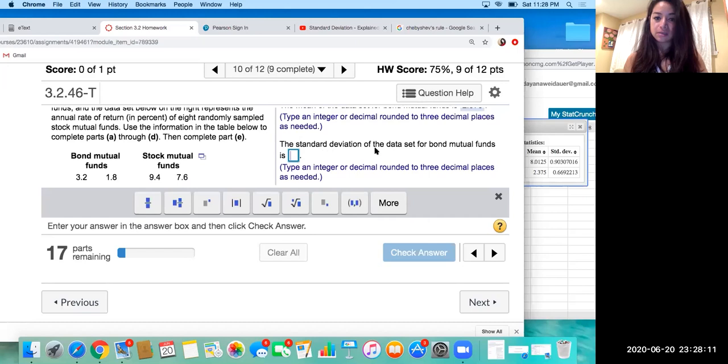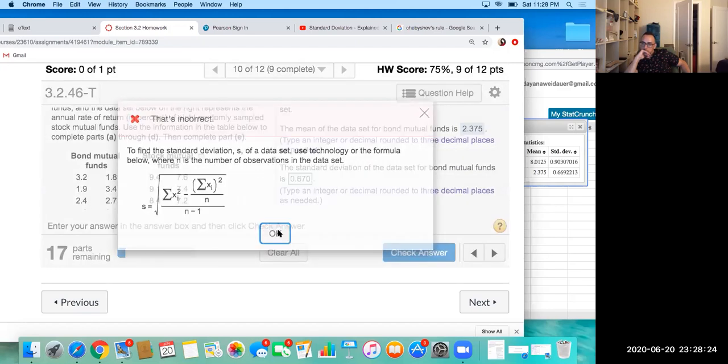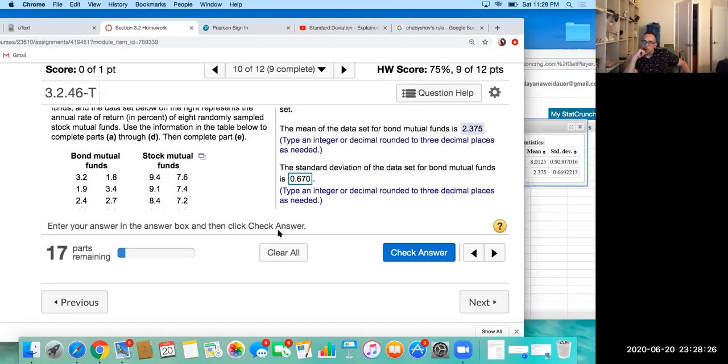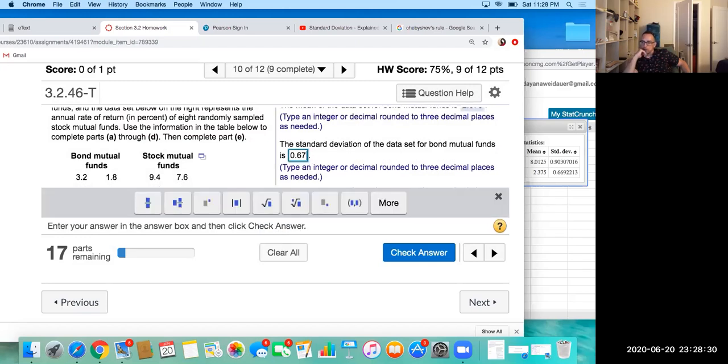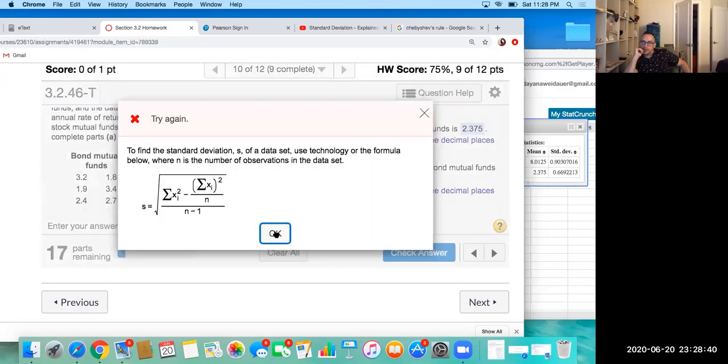So the standard deviation of the data for the bond from 0.67. No, wait, what? That's the stock. The top one's the bond, I think. It's 0.903. Yeah, I'm wrong.